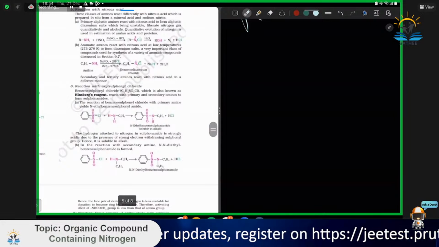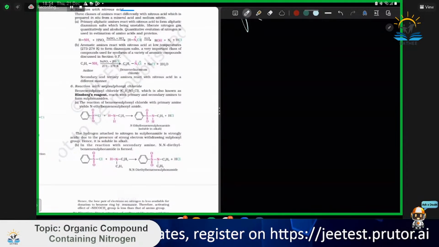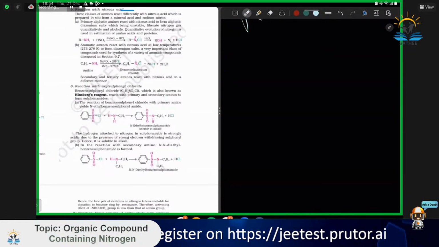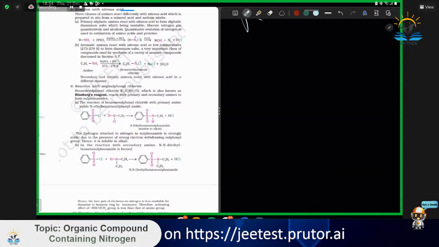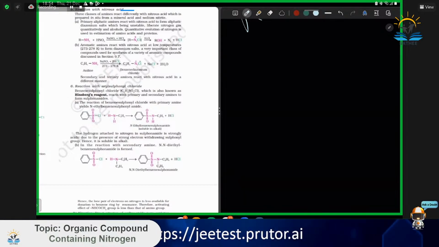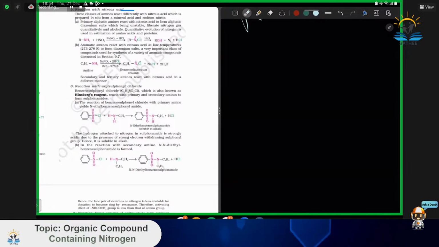Reaction with aryl sulfonyl chloride, that is Hinsberg reagent. PhSO2Cl is Hinsberg reagent. It is used to distinguish primary and secondary amines.